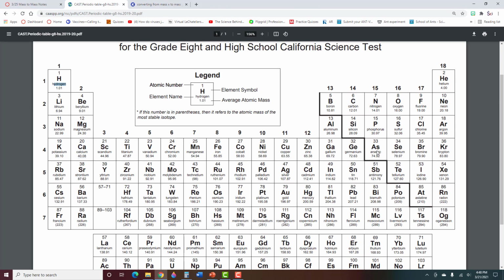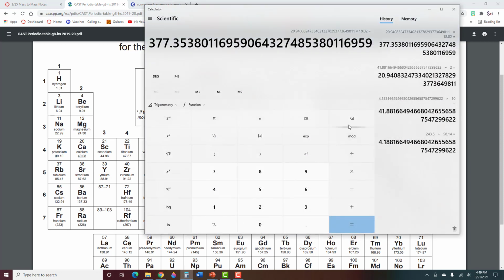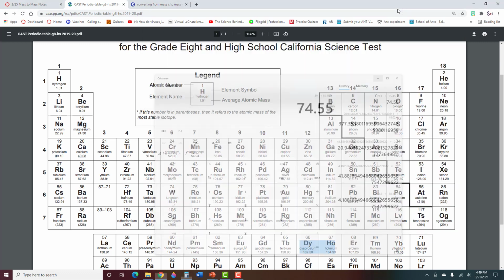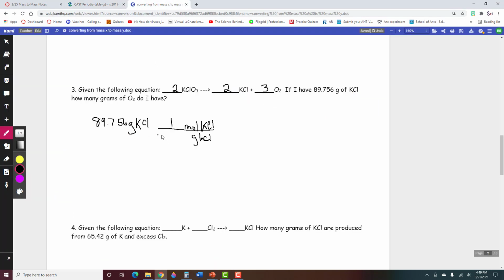Grams of KCl comes from the periodic table, so K is 39.1 and Cl is 35.45, so 39.1 plus 35.45, 74.55.